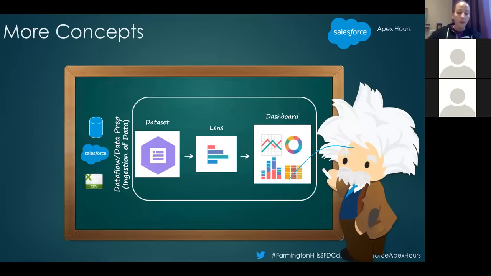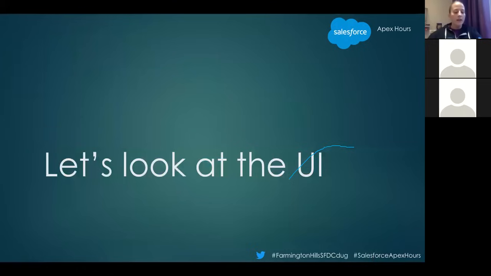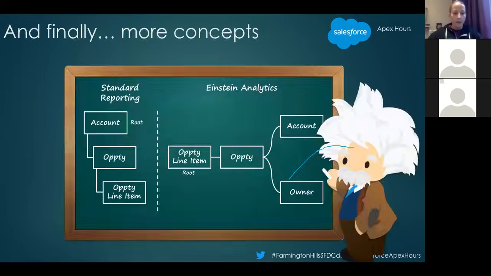So we're using our data flow to bring it in. Our data flow is also where we can take our transformations a little bit further. We then get the data set. We can then have our lens, and we can then take all this data and put it into a dashboard.